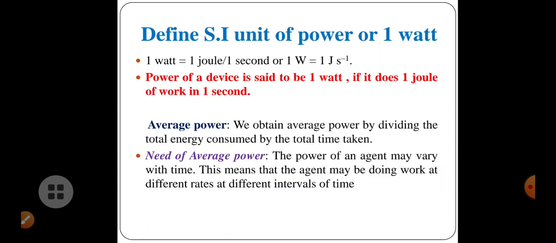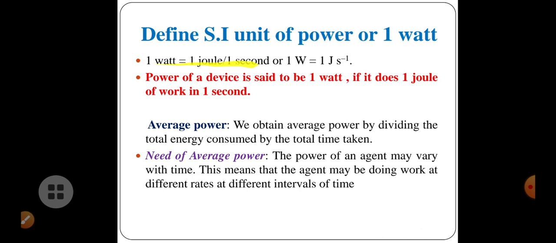Now, if a question arises in exam that define SI unit of power or define 1 watt, then you can define by using the formula. You need not cram the formula. Simply P is equal to W by T, and power of a device is said to be 1 watt if it does 1 joule of work in 1 second.